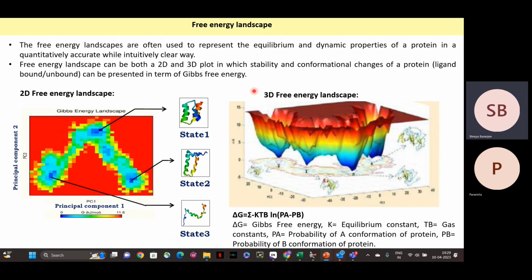And in this 3D free energy landscape, the Gibbs free energy is basically given by KTB, where K is the equilibrium constant and TB is the gas constant, with a ln of PA minus PB, where PA is the probability of conformation A in the protein and PB is the probability of conformation B of the protein. So using the probabilities, you can calculate the Gibbs free energy at any particular point in this 3D free energy landscape.